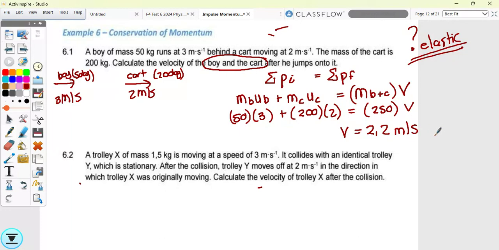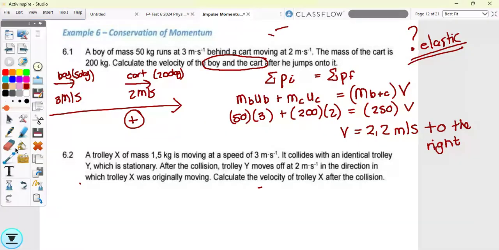So can I just leave it like this? No. If there was a diagram, you would use the diagram. But because we did this, we decided that to the right was positive, and therefore we can just say to the right. Remember, as long as you've put it anywhere in a diagram or any indication that you've decided that to the right is positive, then you can use left and right. Keep it simple like that.